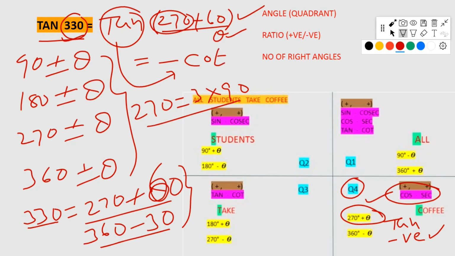Here theta is 60 degrees. So minus cot 60 degrees. What is the value of cot 60 degrees? The value of cot 60 is 1 by root 3. Here minus is there. So minus 1 by root 3 is our answer.